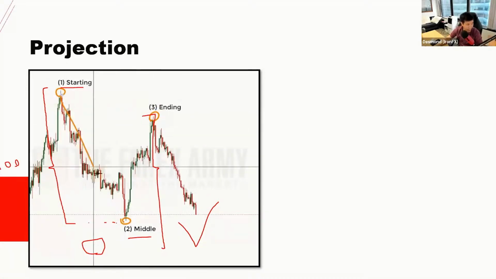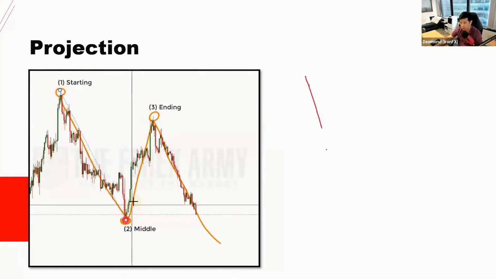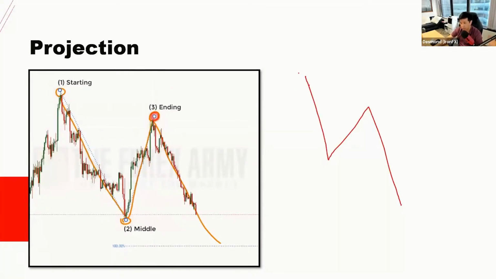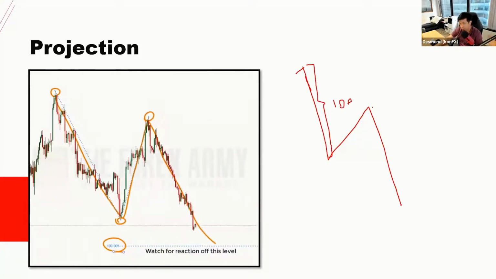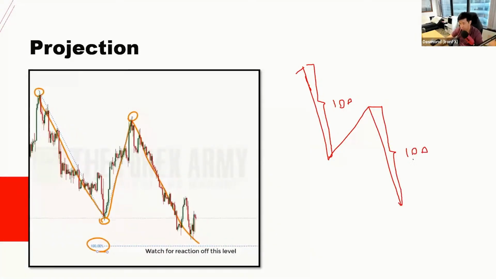I'm going to erase it over here and draw it again for you. Very simply, Fibonacci projection means that if you have a movement like this, you're taking this movement, it could be 100 pips, and you're projecting it over here, maybe another 100 pips.